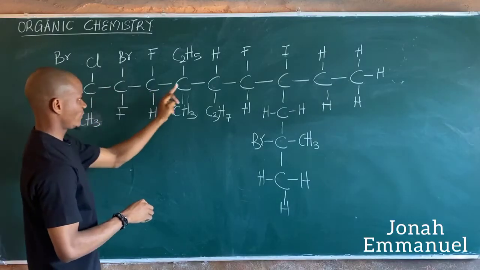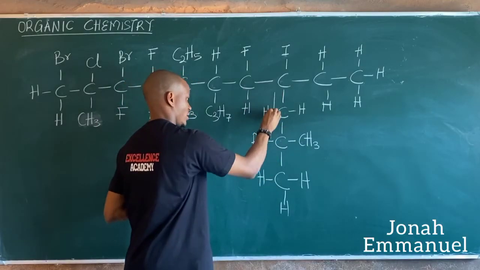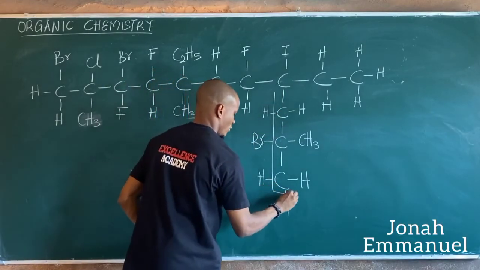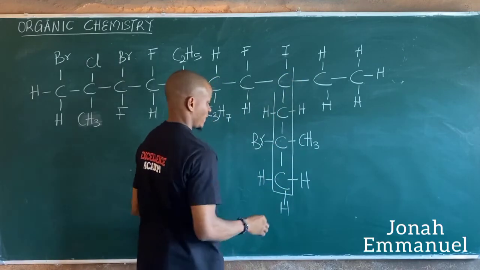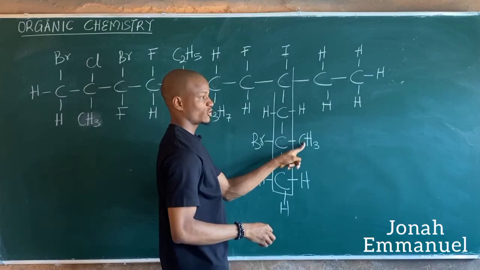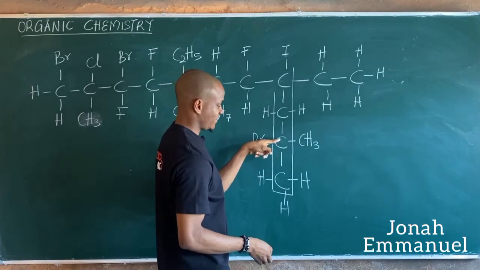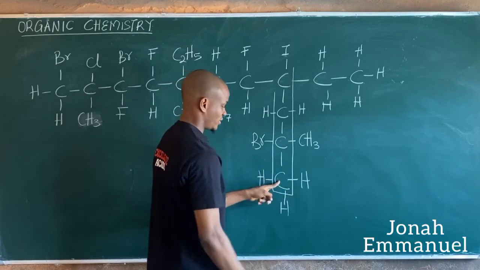From here, 1, 2, 3, 4, 5, 6, 7, 8, 9, 10, 11. So I'll take this one here as my longest continuous carbon chain. Now, if I count it this way, this is 10, 11. This could have also been my longest continuous carbon chain. But it's easier I name it this way because this is actually more of like CH3 here.